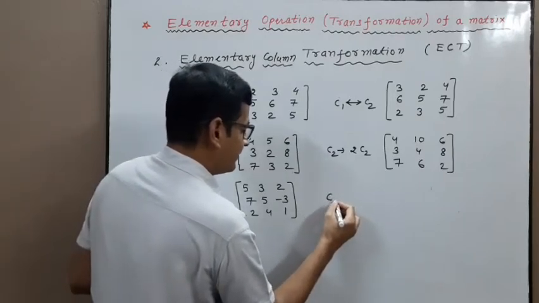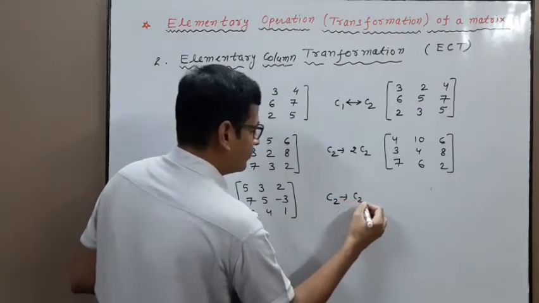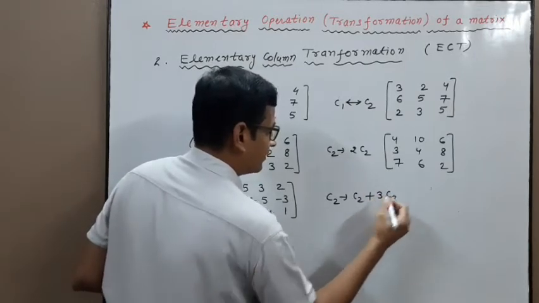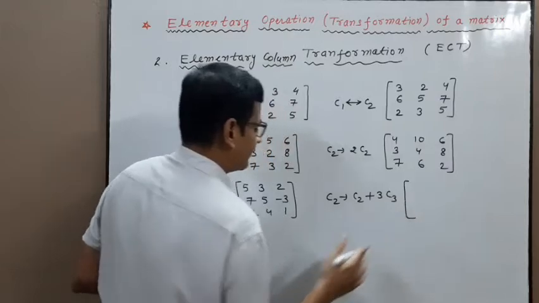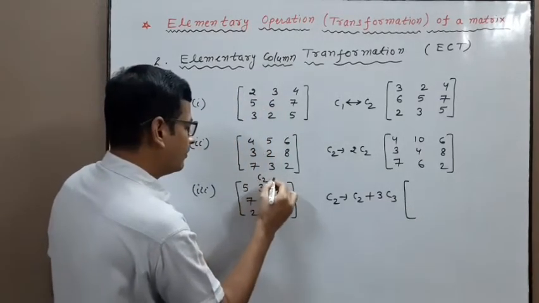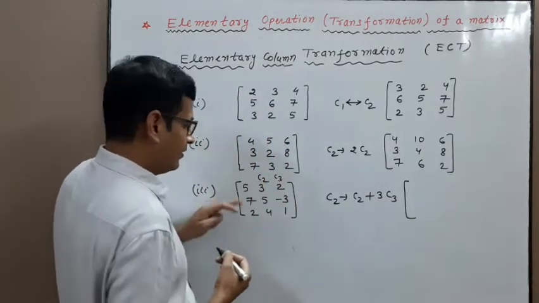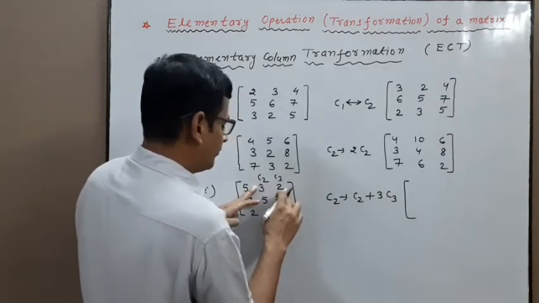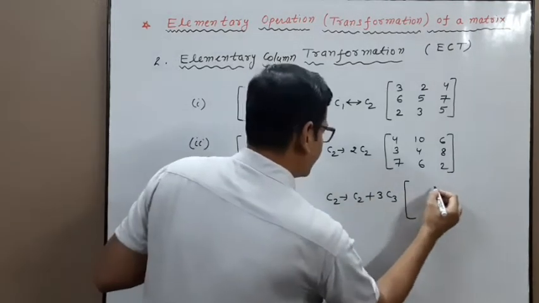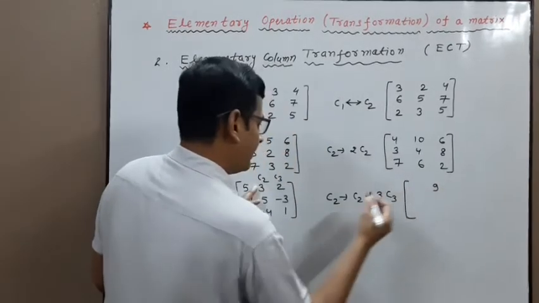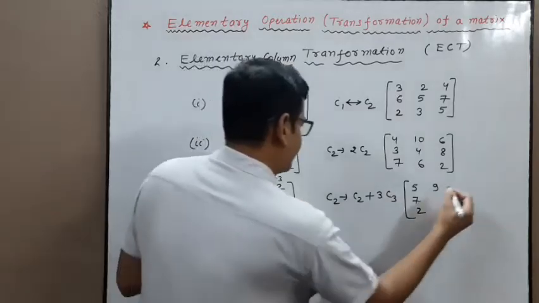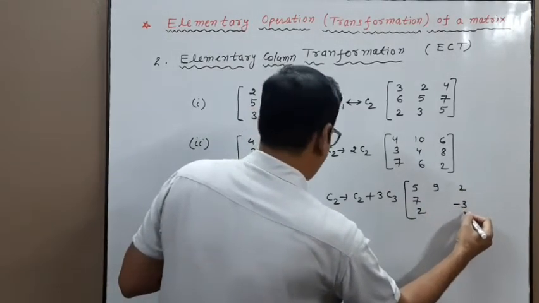If I write C2 tends to C2 plus 3 into C3, then we get a new matrix. This is C2 and this is C3. So 3 plus 3 into 2, 6 or 3, 9. So in place of C2 write 9. C1 as it is: 5, 7, 2, and C3 also as it is: 2, minus 3 and 1.